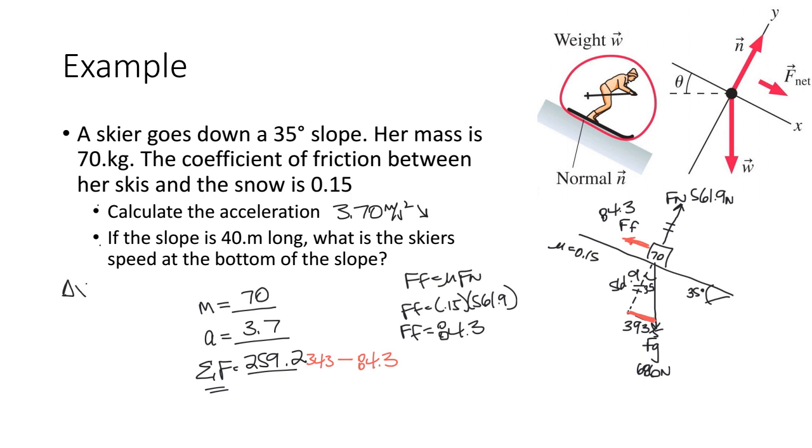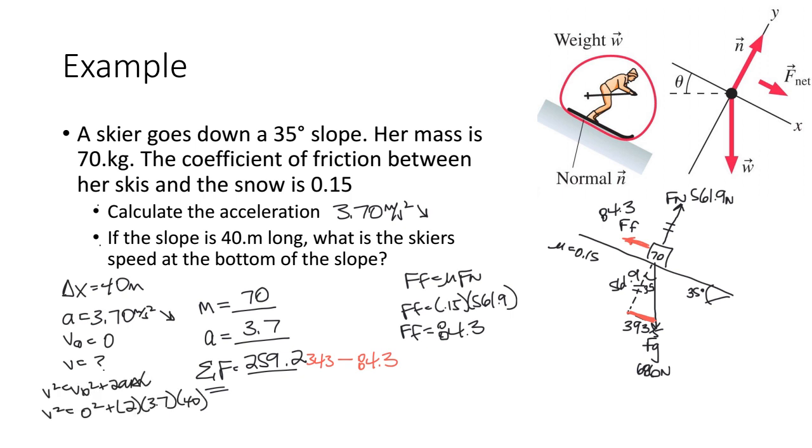Knowing that if the slope is 40 meters and her acceleration is 3.70 down the hill, and she starts at rest at the top of the hill, what is her velocity at the bottom of the slope? I got a velocity of 17.2.